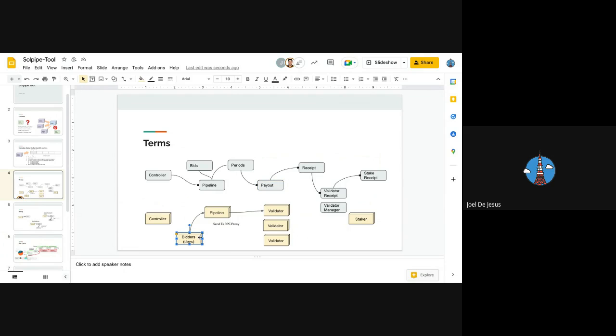So on the bidding side, I have to know the TPS of the pipeline. I need to get that data. I need to get the total stake of all the validators who picked this pipeline, because there are also multiple pipelines.